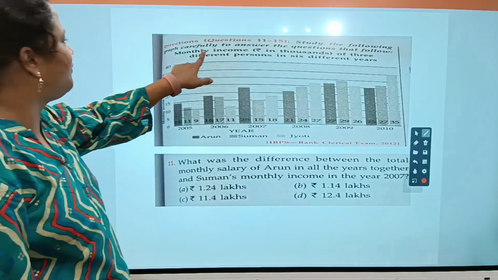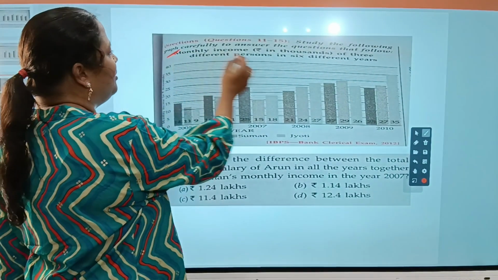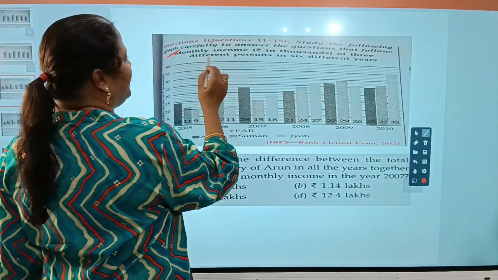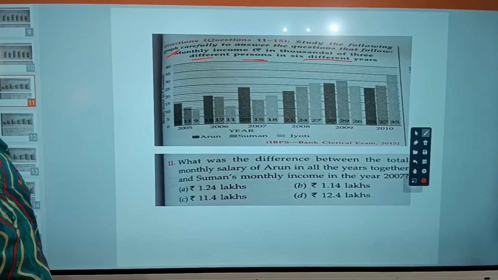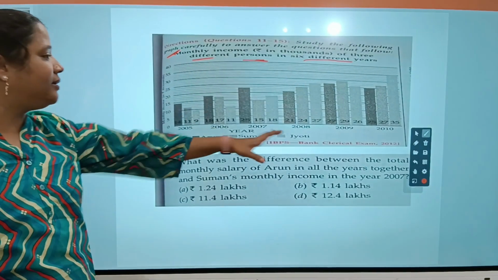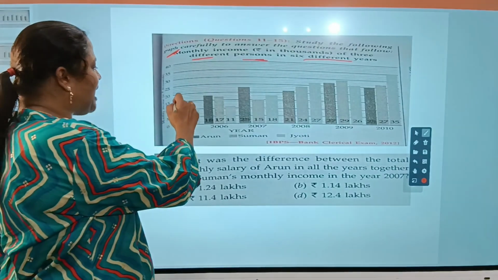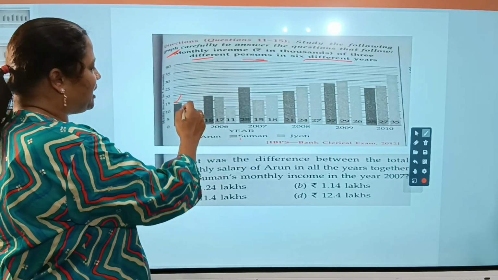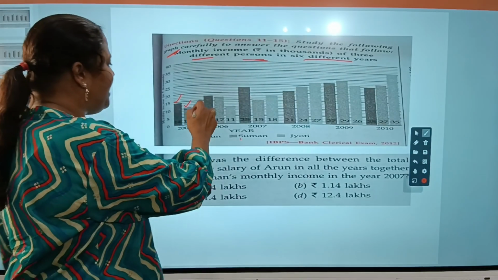Study the following graph carefully to answer the questions that follow. Monthly income in rupees in thousands of 3 different persons in 6 different years. So in this graph, the income of 3 different people for 6 different years is given. Arun is represented by dark black color, Suman by normal grey color, and Jyoti by light grey color.